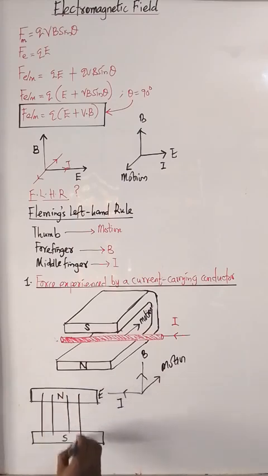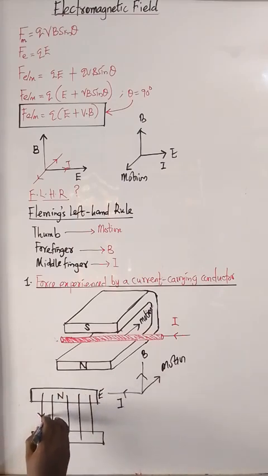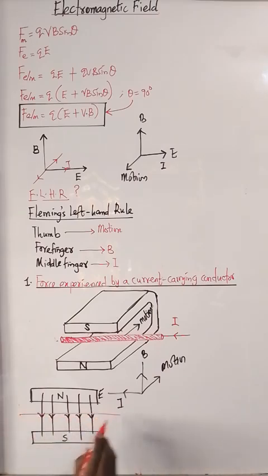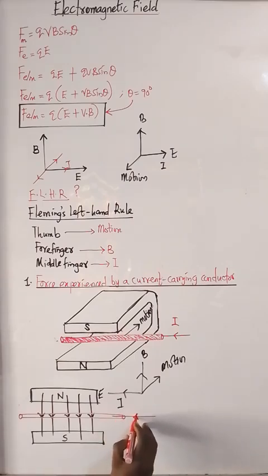North to south. So this is the direction of field. We can be told that a conductor is placed in this field. Let's suppose the current enters this way. So where is the direction of motion?